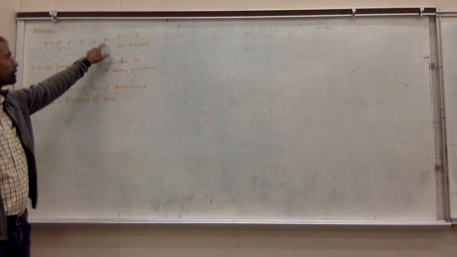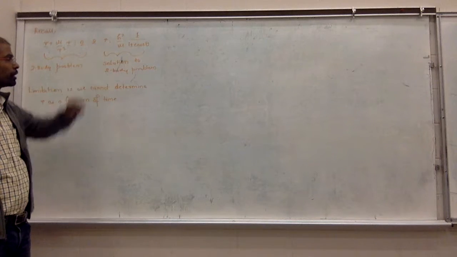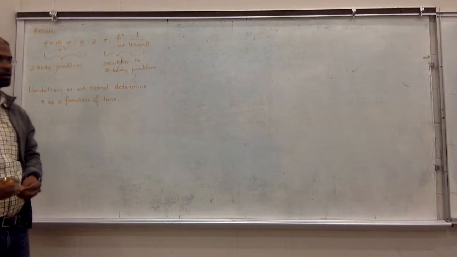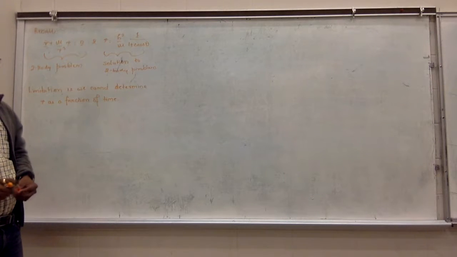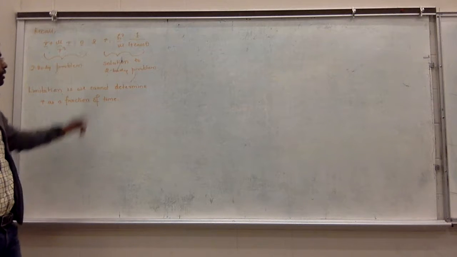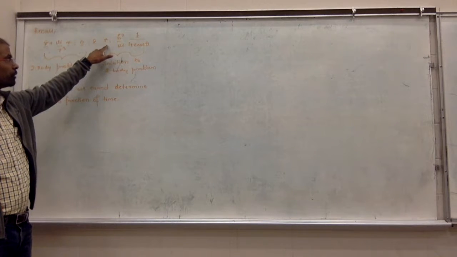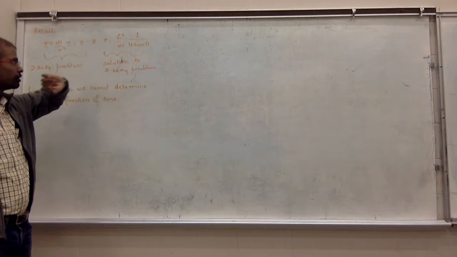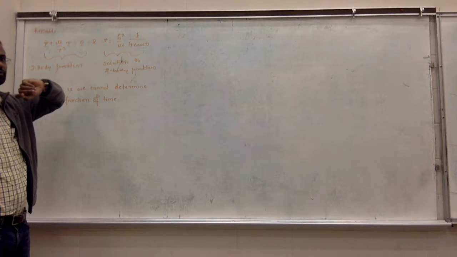So let's look at this. If you were to figure out R at different time instances, what do you need to know? Tell me, what are the variables in this solution to the two-body problem?